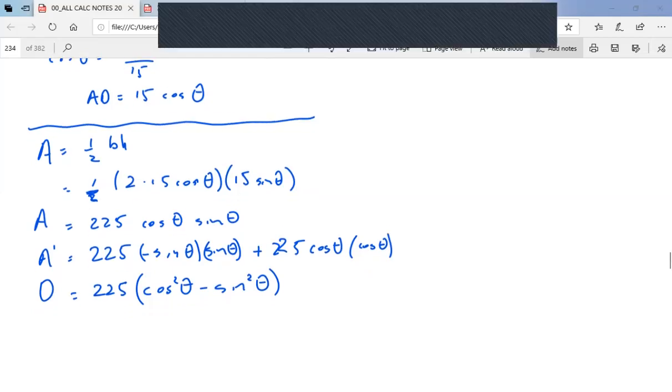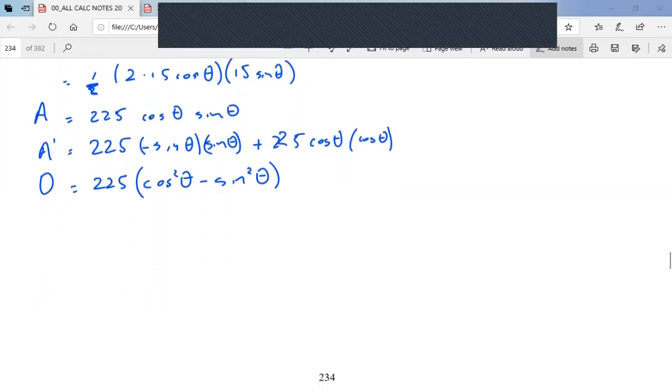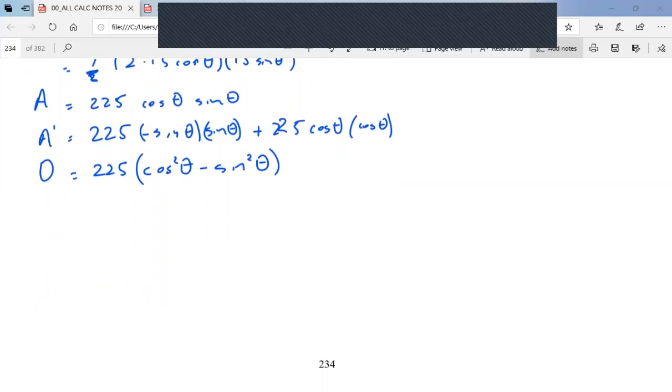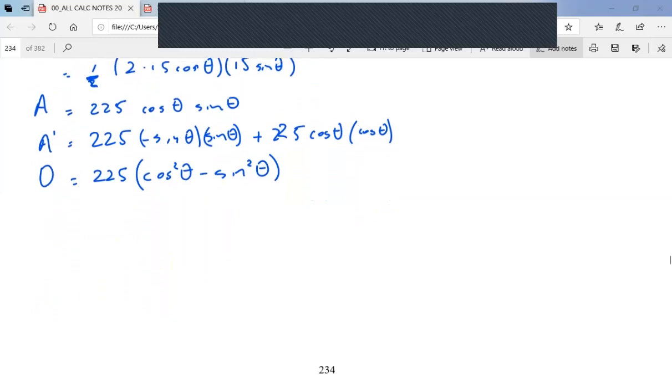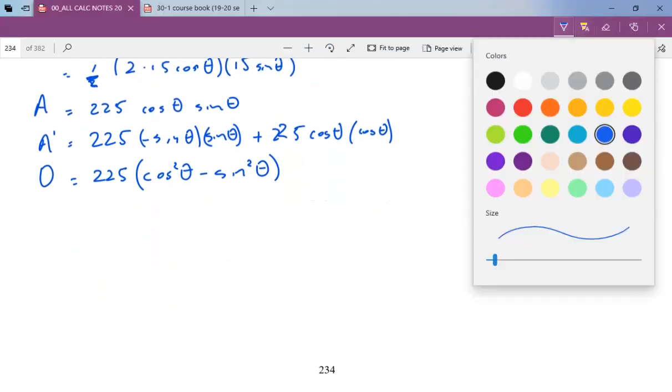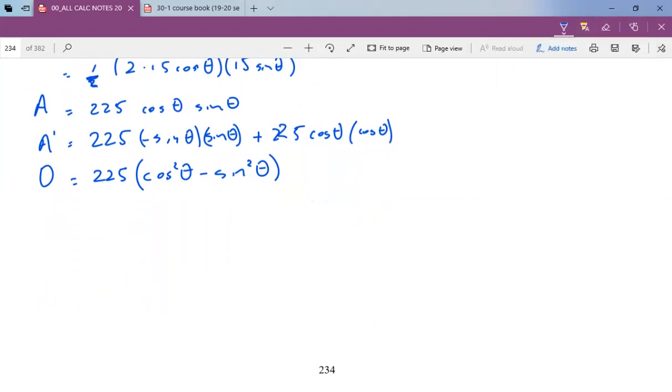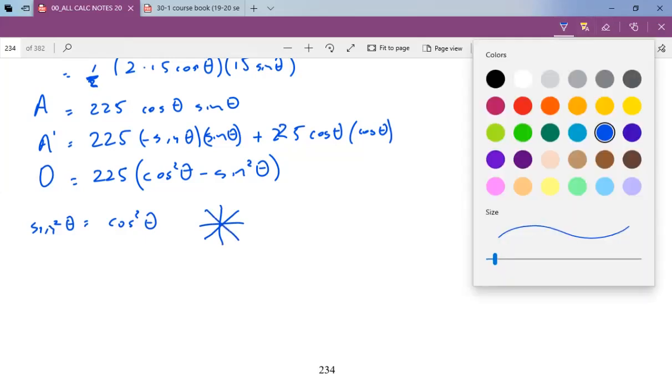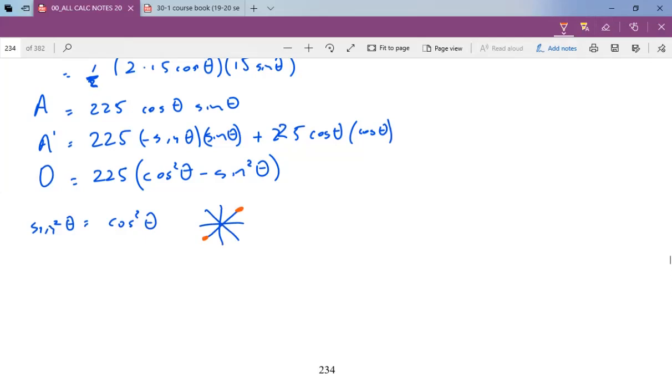Now we have, divide both sides by 225, add sine squared to both sides, and we end up with sine squared theta is equal to cos squared theta. And as we've seen, if sine squared theta is equal to cos squared theta, that happens on the 45s or on the pi quarters, both with the signs being the same.